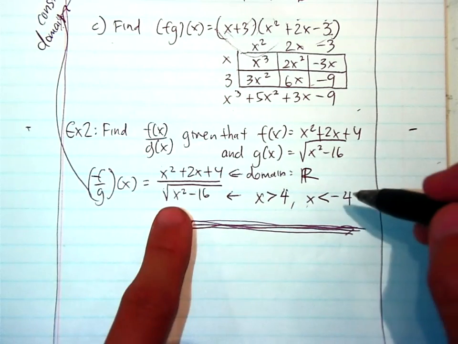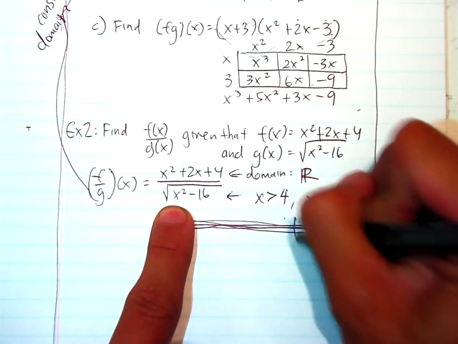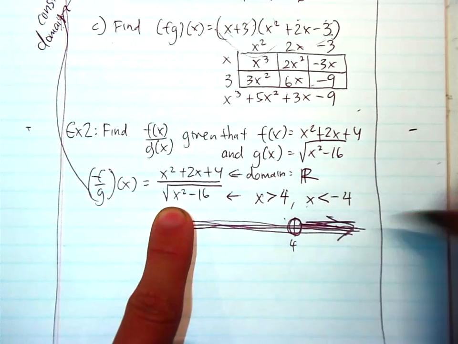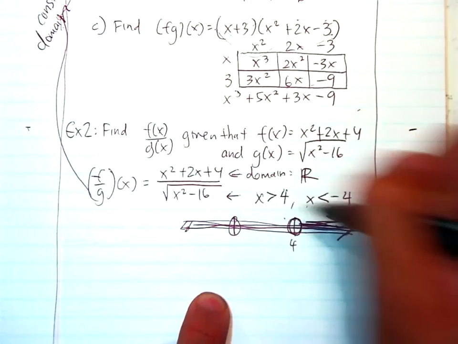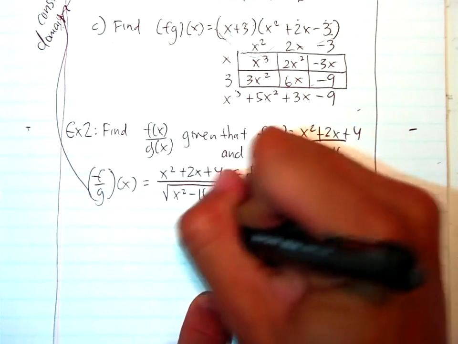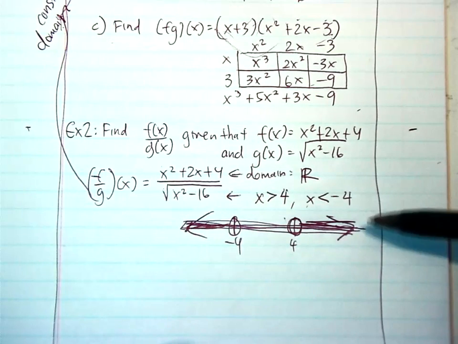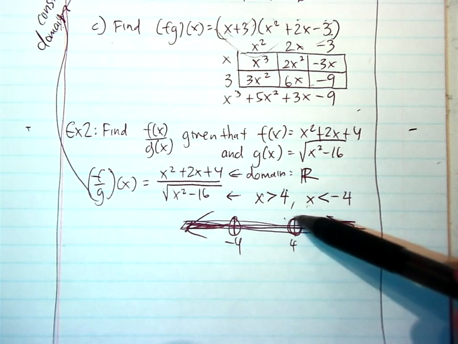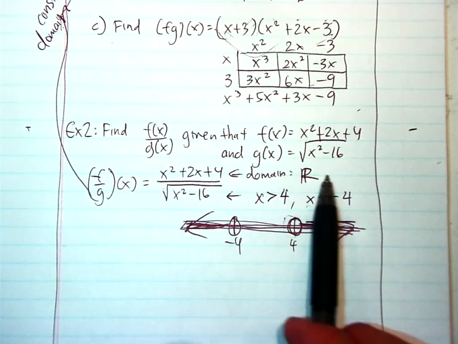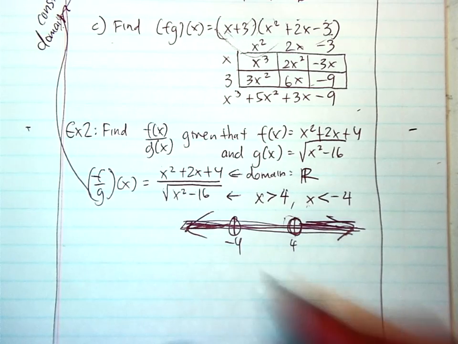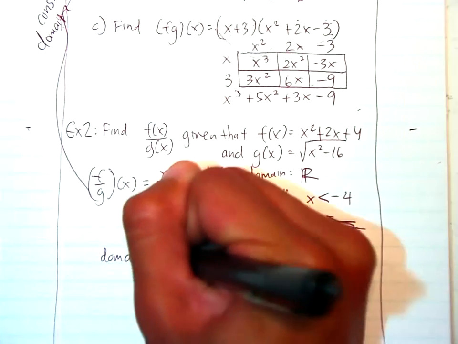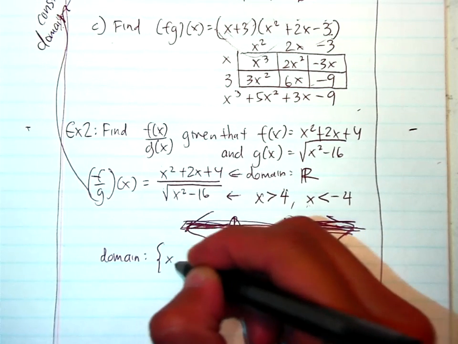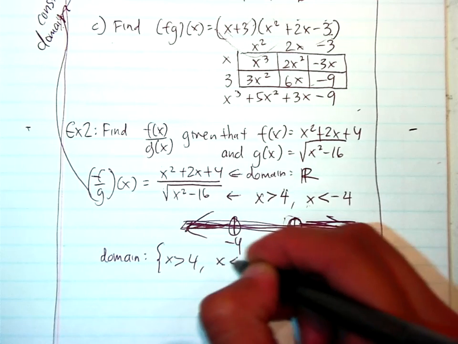Well, the domain for this one is it has to be greater than 4, and it has to be less than negative 4. So when I say the intersection, I mean which parts do both of these domains cover? Well, I know since this is all real numbers, I'm just going to consider this as the domain. So your domain is going to be x is greater than 4 and x is less than negative 4.